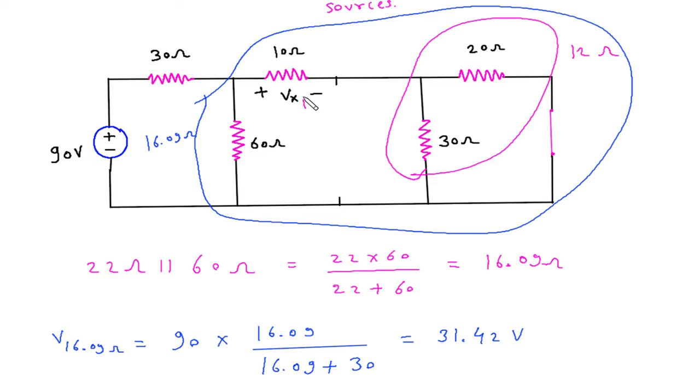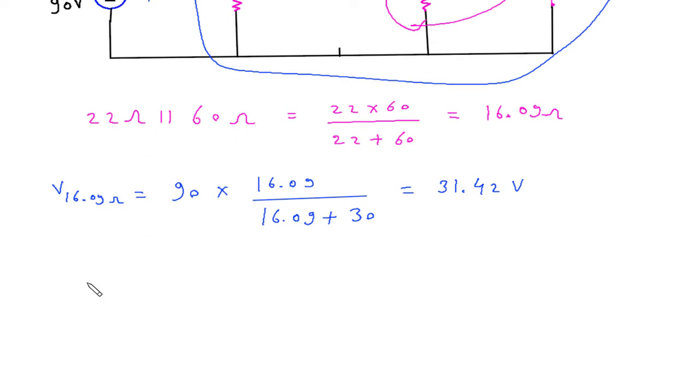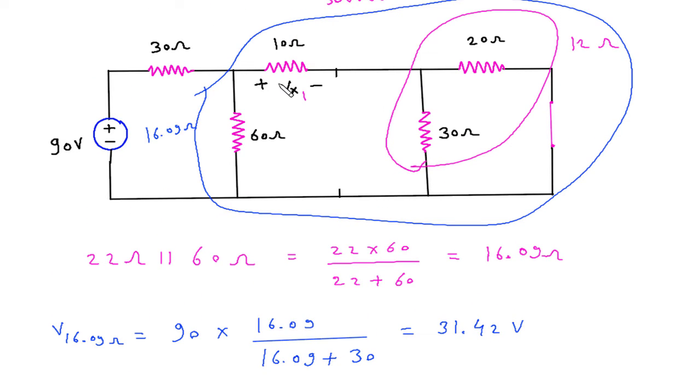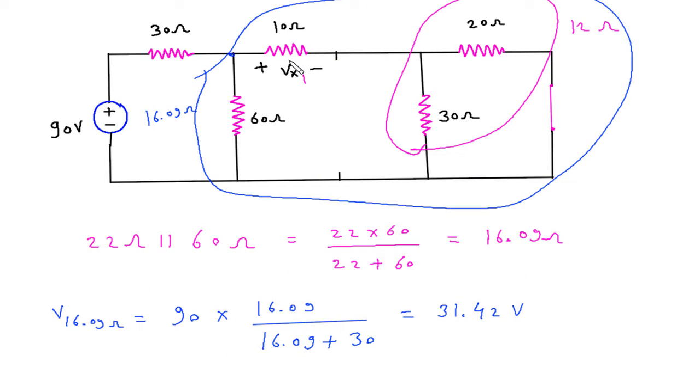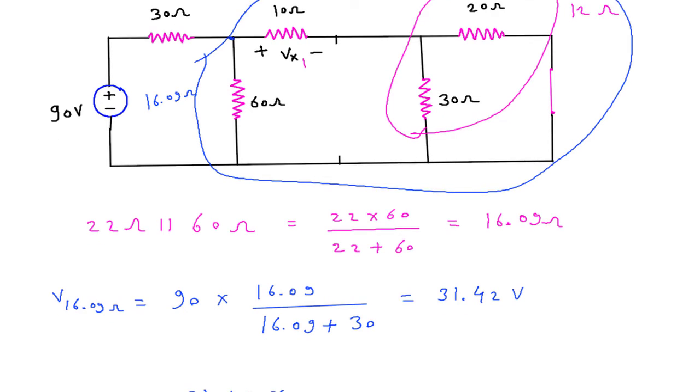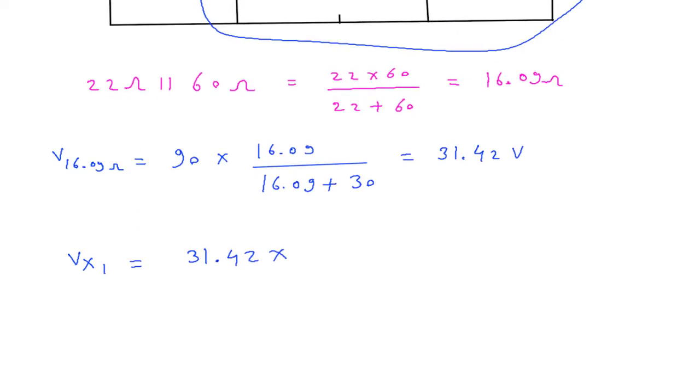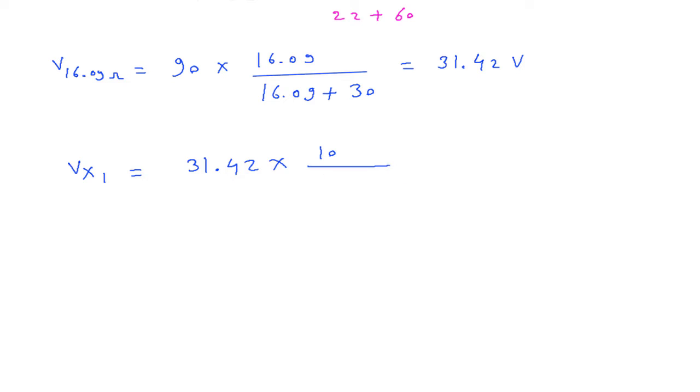Now we have to find this Vx1. So Vx1 will be equal to this voltage, 31.42, into the resistance across which we want the voltage, so 10 ohm, divided by the total.